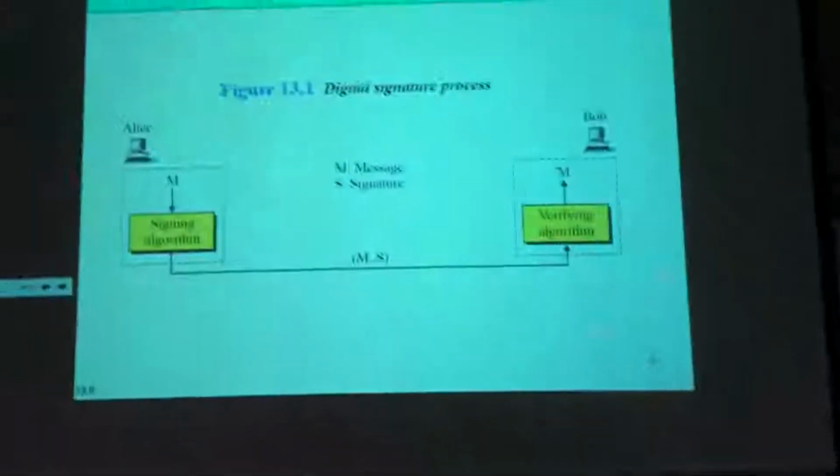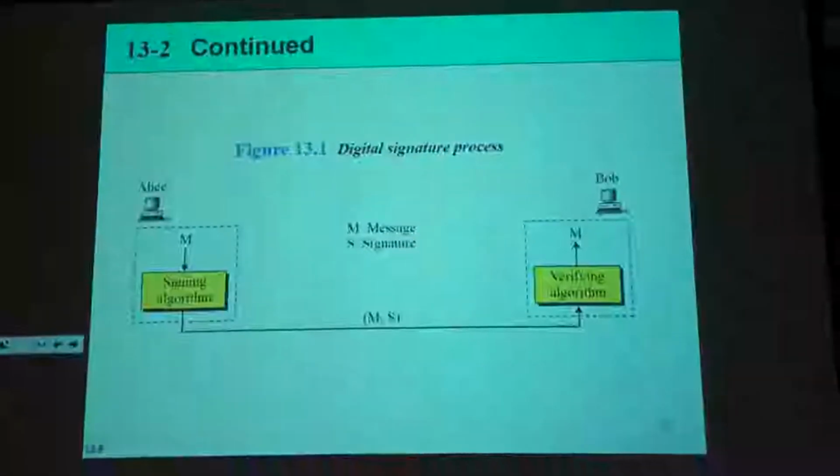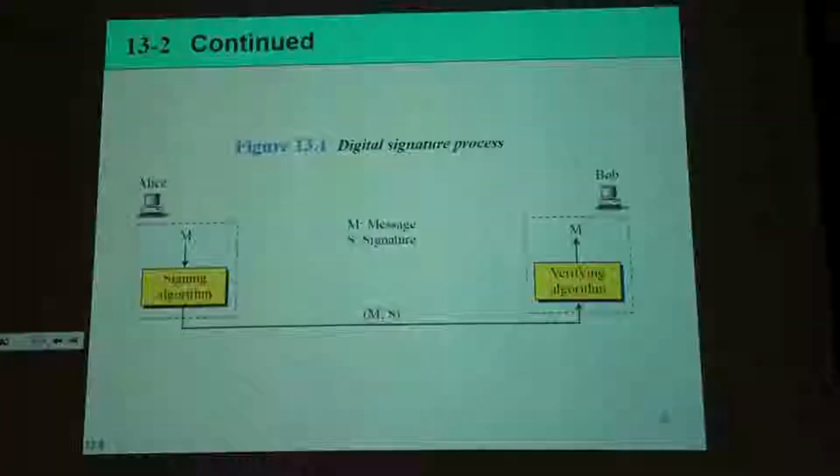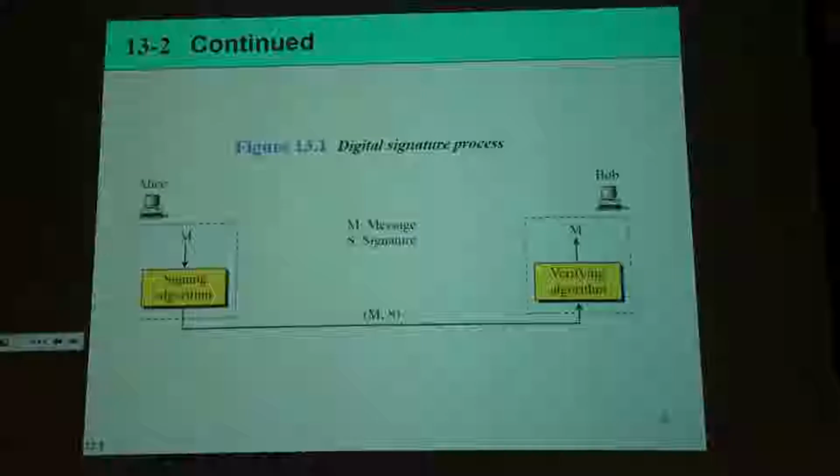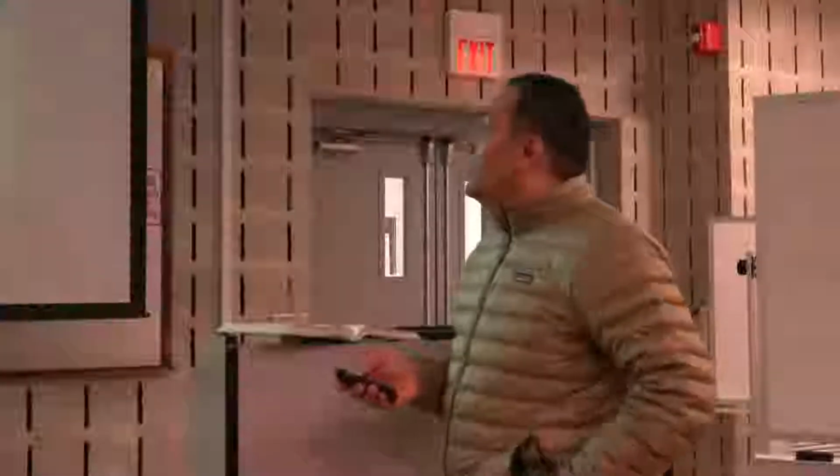What matters is that I need to make sure the message is signed by Alice. When it's received, it goes to a verification algorithm, and Bob will be able to know that Alice has signed the document. So the message and the signature are transmitted as two separate entities. It's not one document, right?